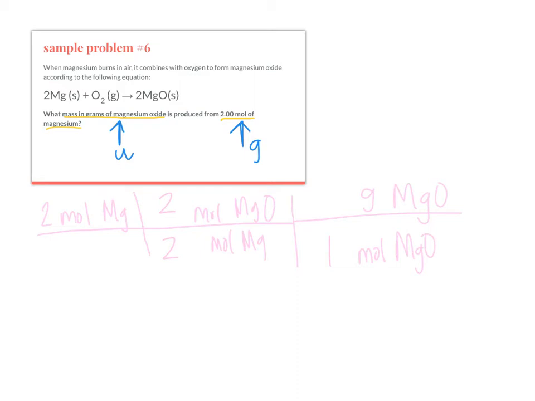We have to consult our handy-dandy periodic table. Magnesium has a mass of 24.3. Let me work that out up here. 24.3. And that's magnesium, and we only have 1. And then oxygen, as we know, is 16.